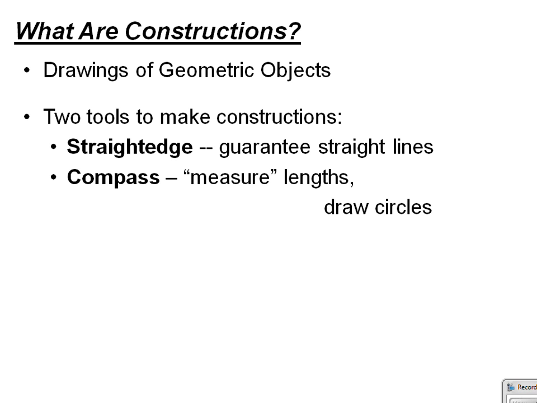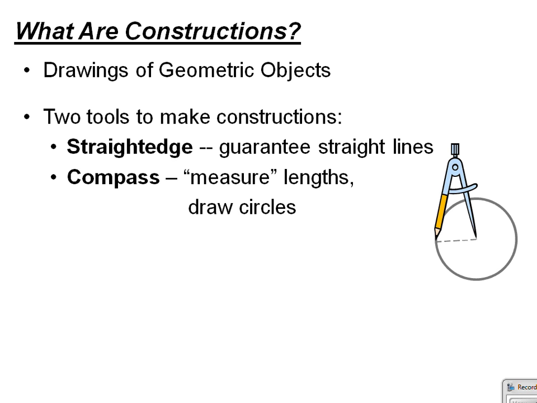Second, we need to use a compass. And the compass is used for drawing circles, as we used before, but it's also used for measuring lengths. But I use the term measure loosely because it isn't the traditional measurements that we're used to using before. Because in constructions, there's actually no units for measurement.